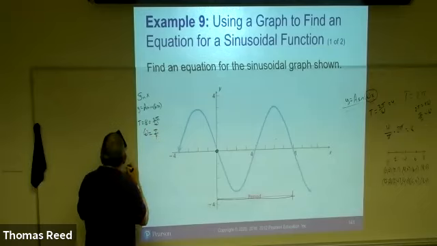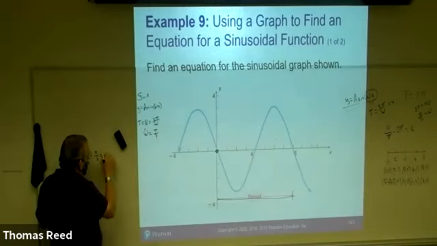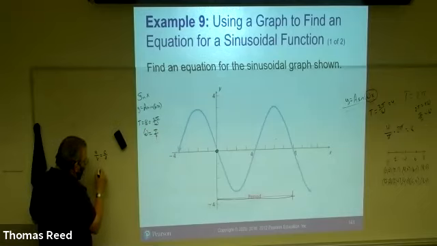I use one of the facts about fractions. If you have a proportion, A over B equals C over D, I can switch the A and the D, and it's still going to be equal.